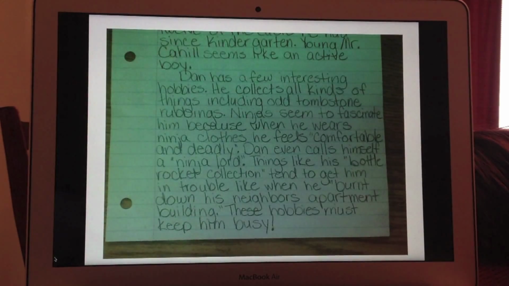My next paragraph was about the interesting hobbies that Dan had. I noted that he collected all kinds of things, including those odd tombstone rubbings. I made sure that I included information about how he felt about ninjas, and I supported that with saying that he felt comfortable and deadly, being sure I was quoting from the text, and I even added that he called himself a ninja lord.